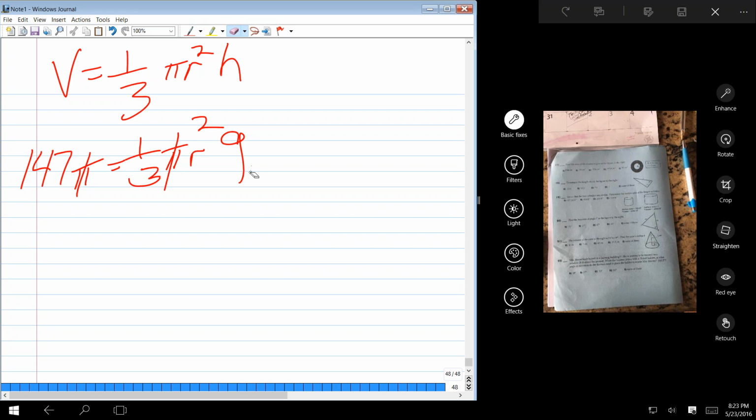So let's see here. 1/3 times 9. What's 1/3 of 9? 3. Okay, so let's combine it and make a 3 there. Now what? And then you would subtract 3.